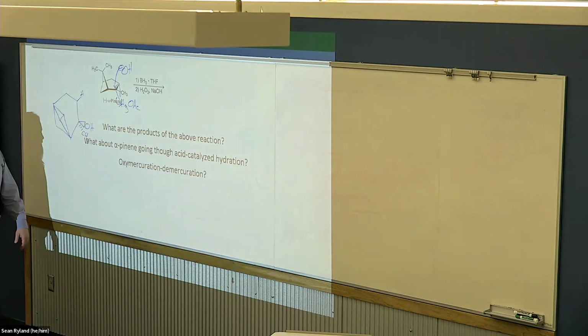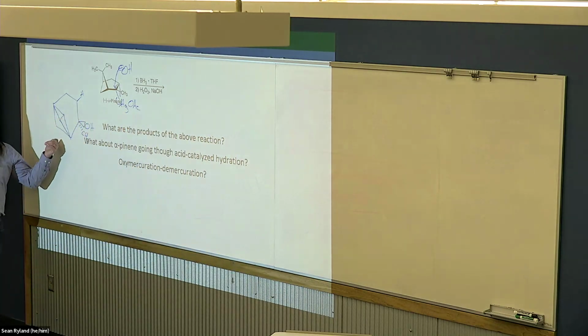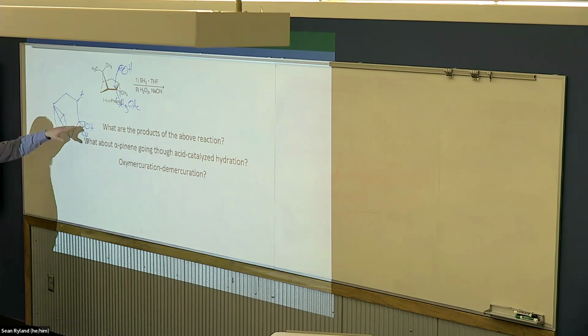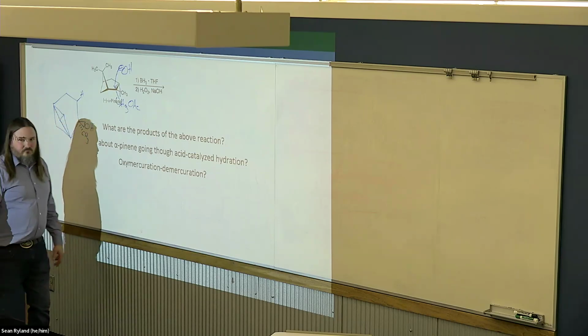And so this is one of those cases where it mattered that it was anti, because that tells us we're going to mostly get this, because the mercury is always going to add from the direction with the least sterics, just because it's so much bigger than pretty much anything else we're looking at. Which means that the oxygen has to come from above, even though that's less favored sterically. Okay, I just wanted to clarify that.